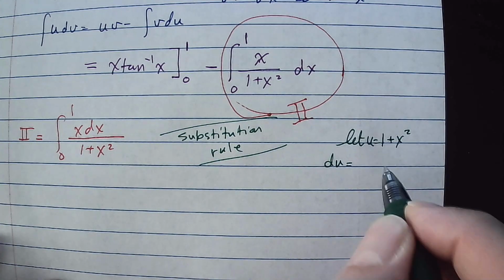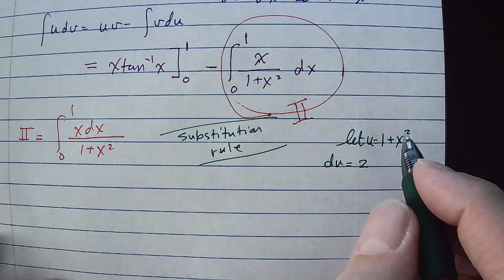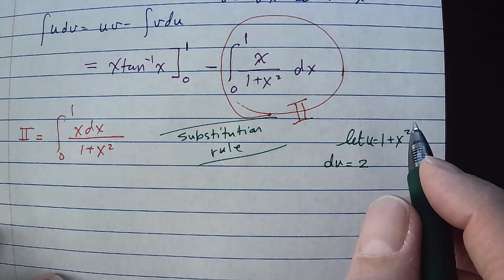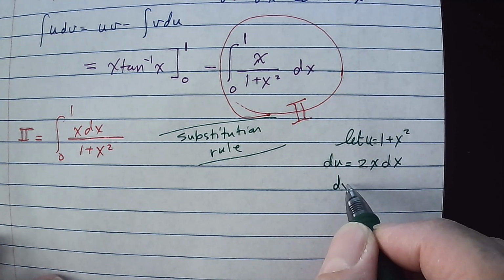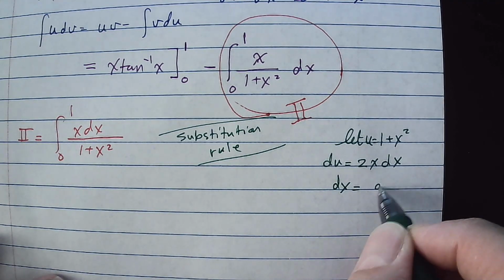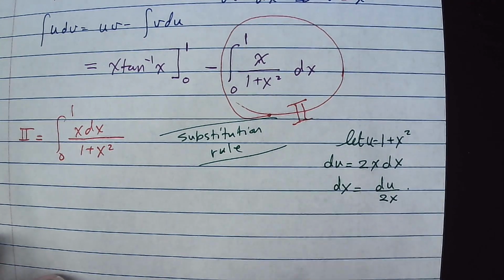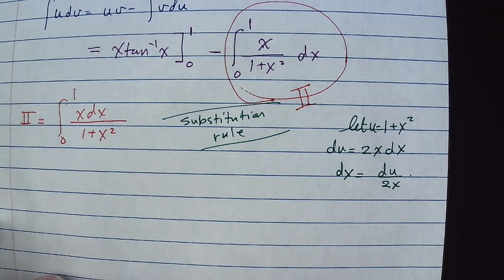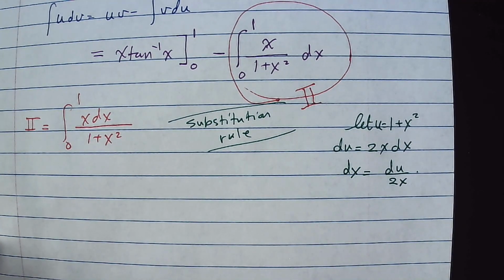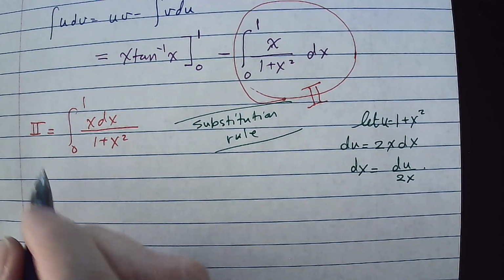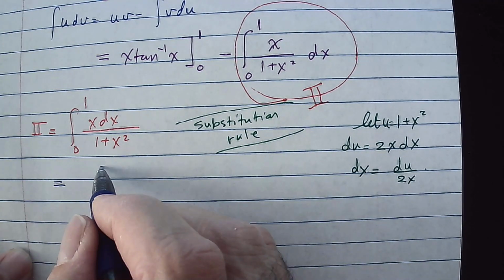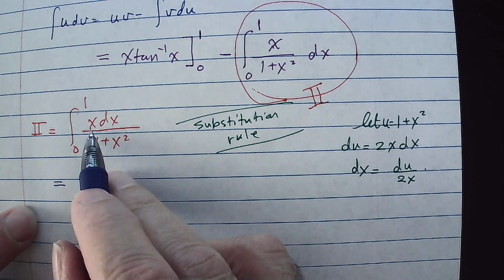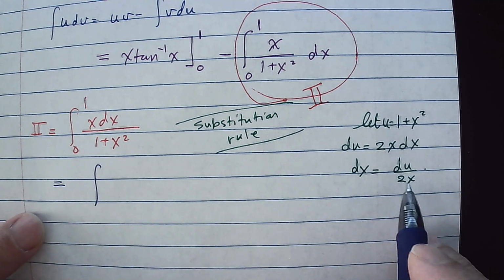So du is 2x dx, or dx is du over 2x. So if I put this back in here, I get this integral equals the integral of, now x, I have here 2x in the denominator.